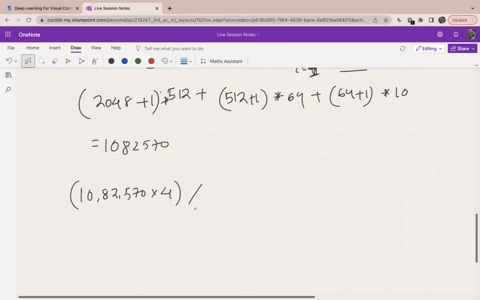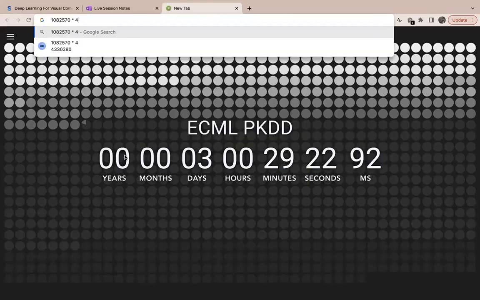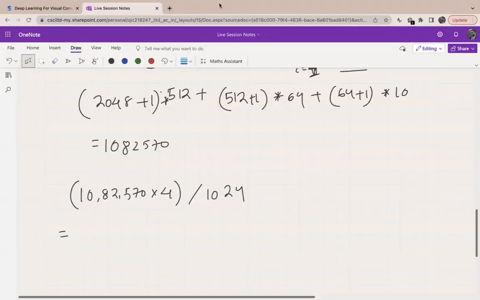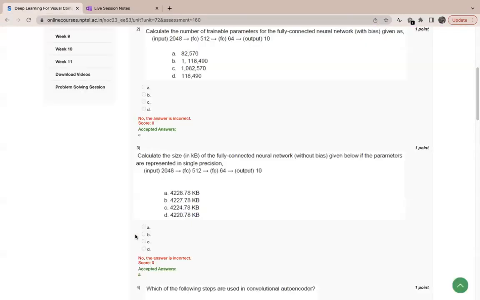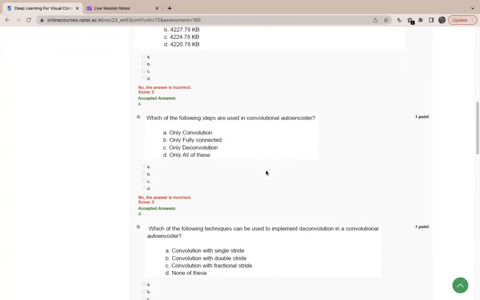And we also need to convert it to KB, so we need to divide it by 1024. 1082570 into 4 divided by 1024 comes to 4228.78 KB. Option A is the correct answer.